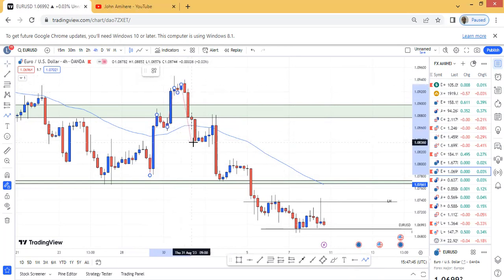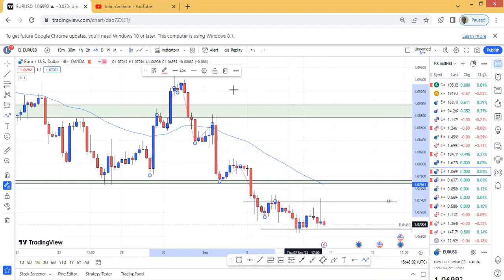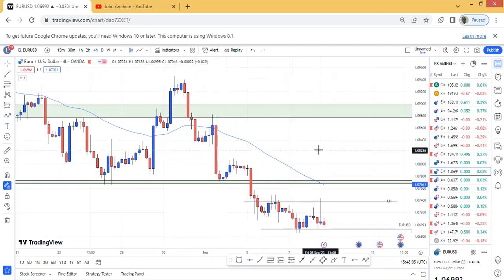Then we formed the lower low, structure changed. Then we came to form a lower high, then a lower low, then a lower high, then a lower low, a lower high, then a lower low. So the 4 hours is also bearish.